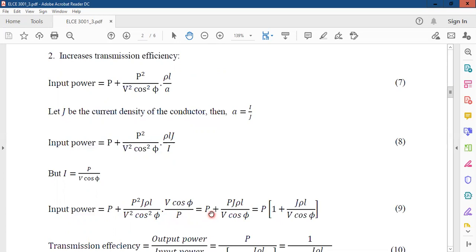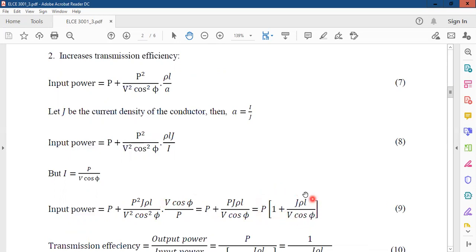Now, we have P in common here, and here. So this equation will be equal to P multiplied by 1 plus, we take P from here, J rho L over V square cosine phi square, which is going to be eliminated with this one over V cosine phi.